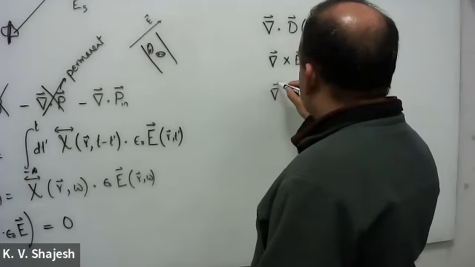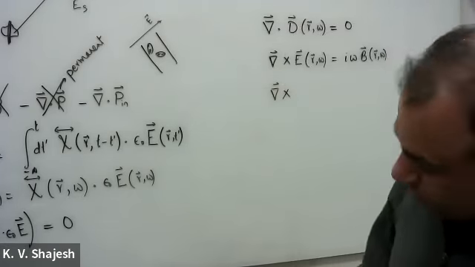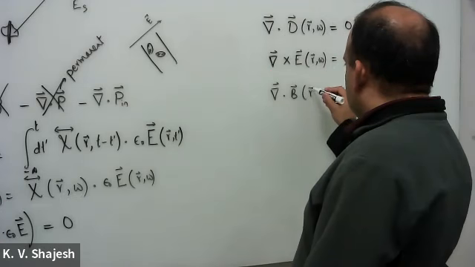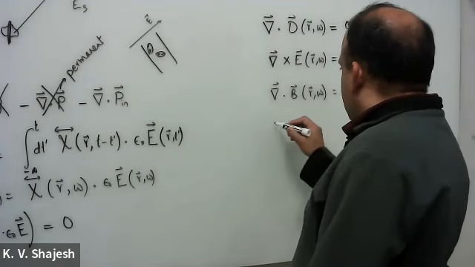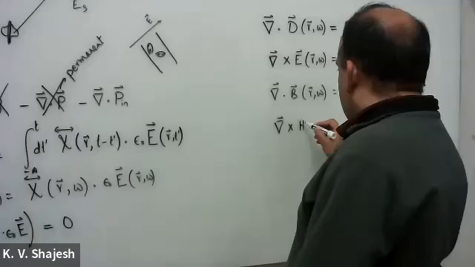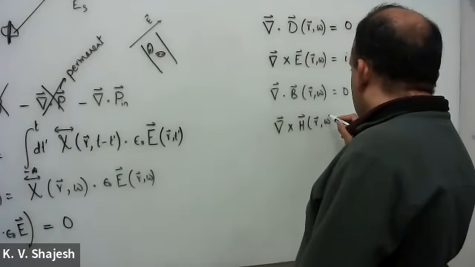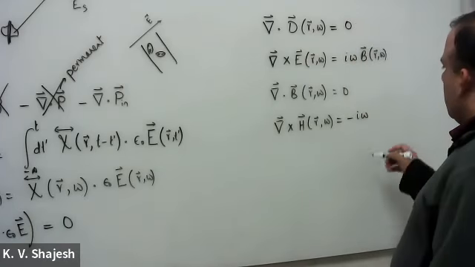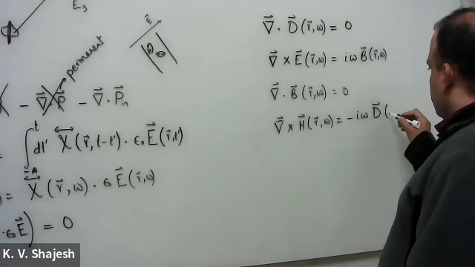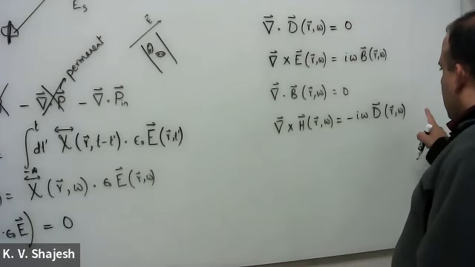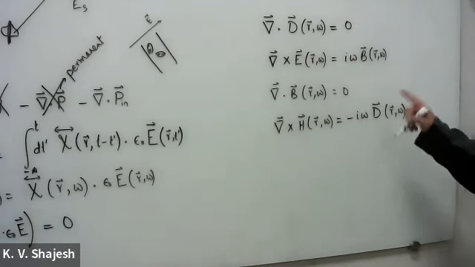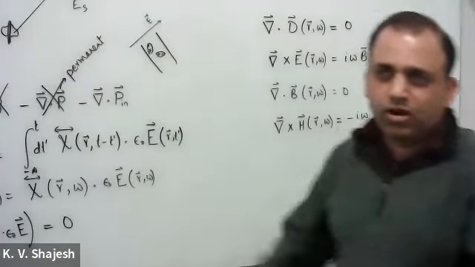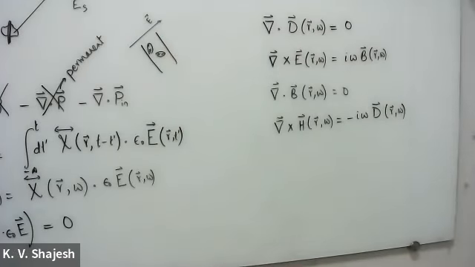Then we have del dotted with B, and del crossed with H is equal to minus i omega times D. And there is no J because there is no current. I'm talking about situations where there is no current. This is like an air molecule, there are no currents.